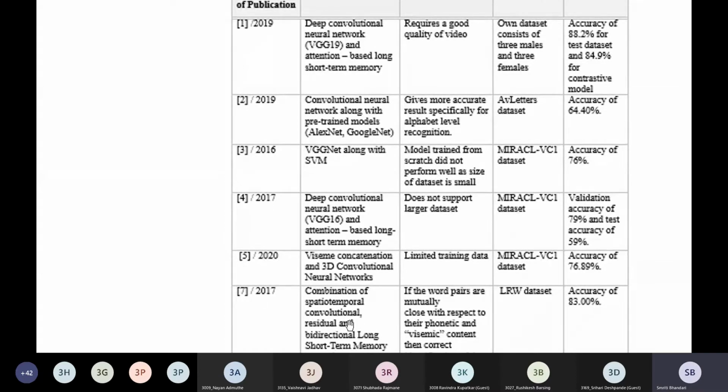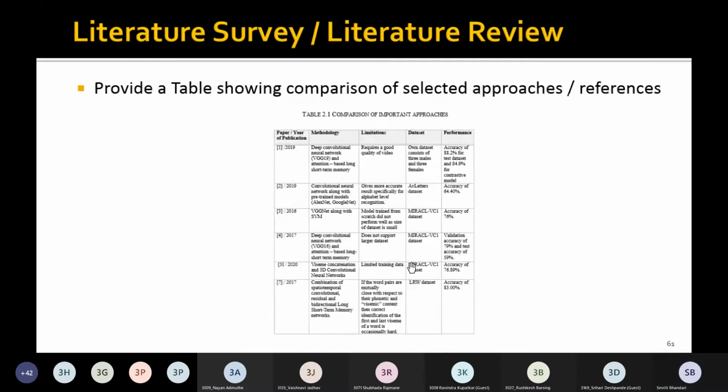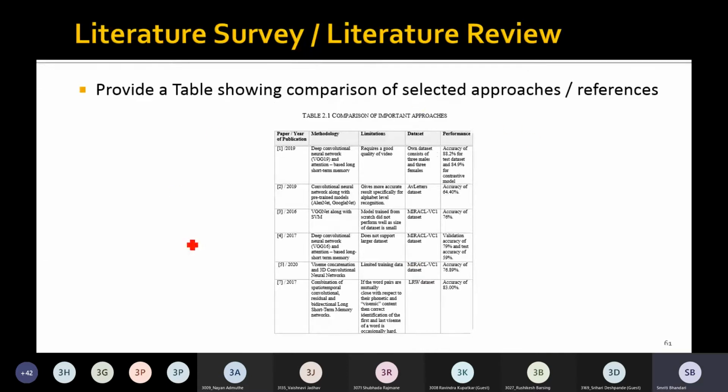So at a glance, the reader or the examiner of our academic project will understand the depth of our research, the extent to which we have studied the material. This is a good way to represent the literature review in tabular form.